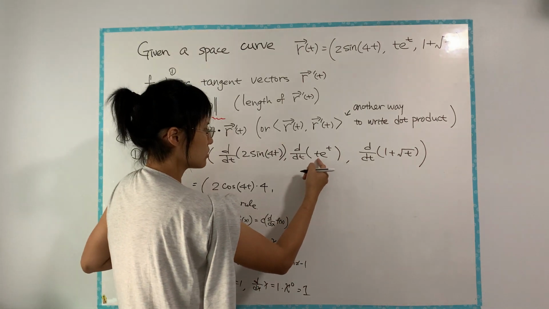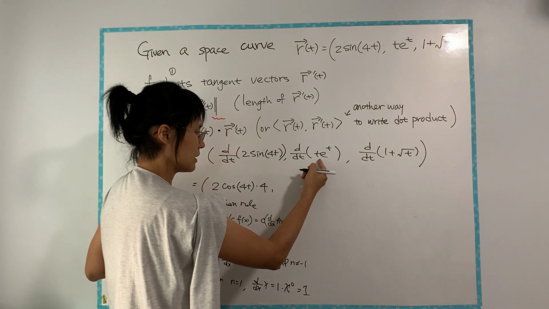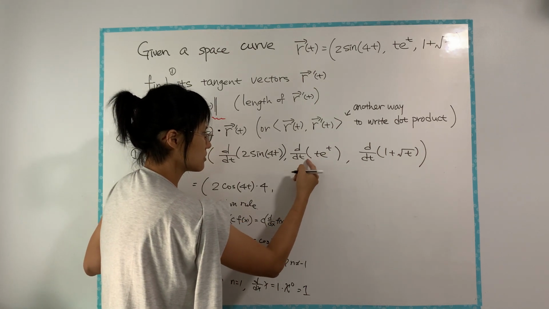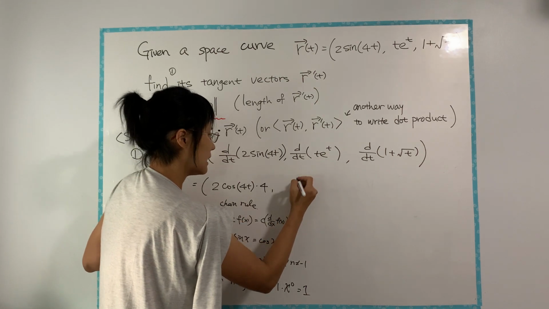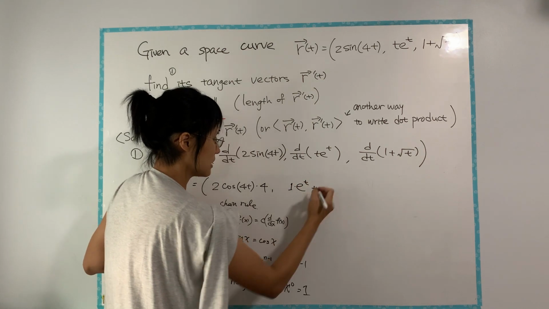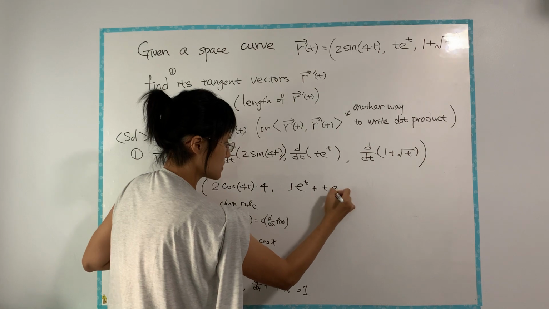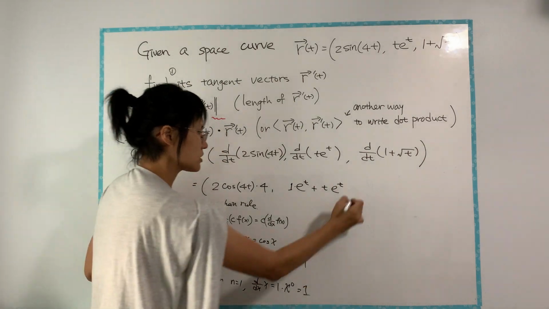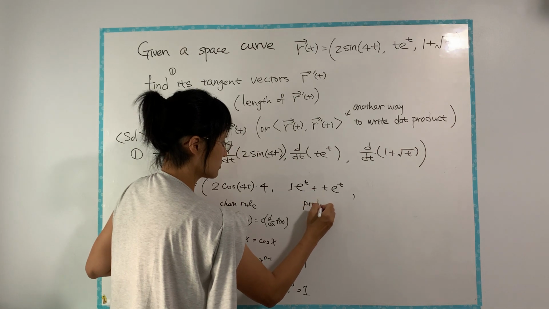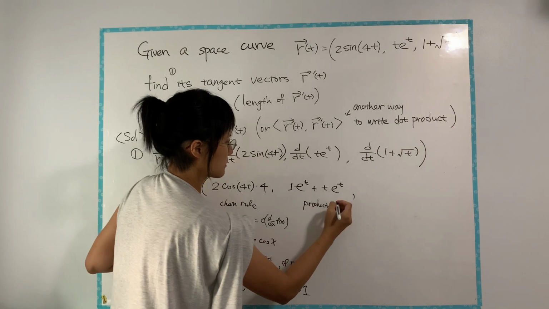I have 2 functions multiplied together. One's t and one's e to the power t. So the product rule applies: I have the derivative of the first function, 1, times the second function, plus the first function times the derivative of the second function. So I apply the product rule when I have a product of 2 functions.